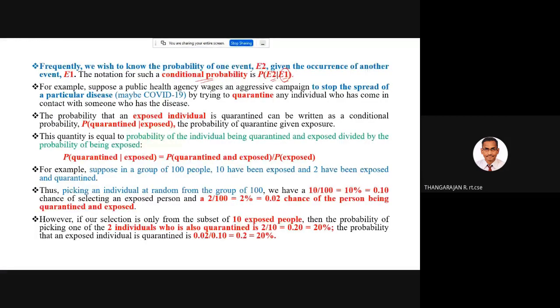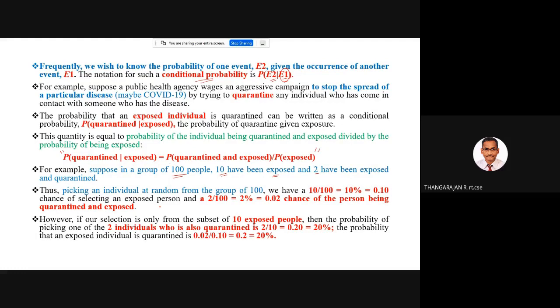So here we have taken an example of our present situation. Say, for example, a person who is exposed to COVID-19 is quarantined. We are taking 100 people, and 10% of the 100 are exposed, and two of the exposed have been quarantined.